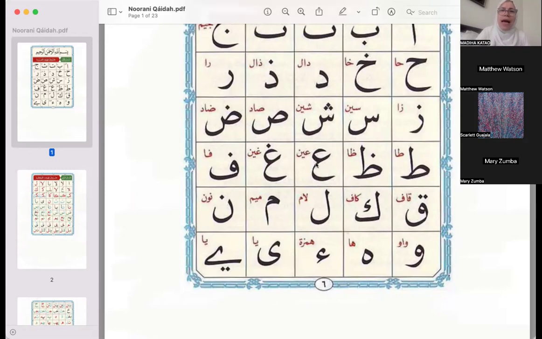So the name is Ain. Ghain is with a dot. It comes from the lowest part of your throat. Ain. Gha is a little bit above. Ghain. Ain, Ghain. But if we sound it, we're going to say Ar.